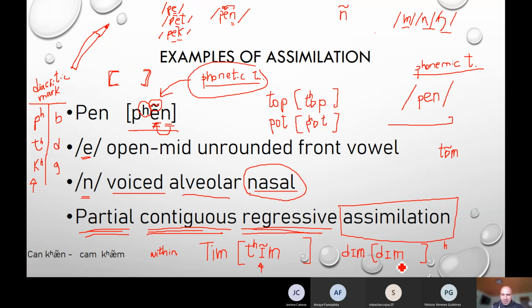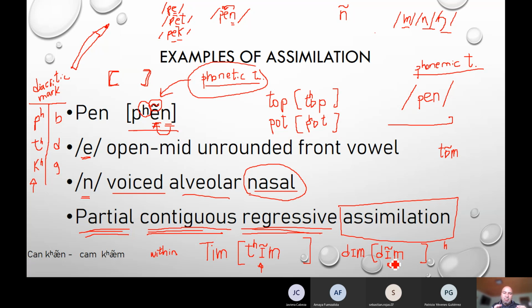We have m, which is a voiced bilabial nasal sound, and this one is influencing the vowel sound that comes before. So therefore, we're using this diacritic mark showing that the vowel is nasalized.